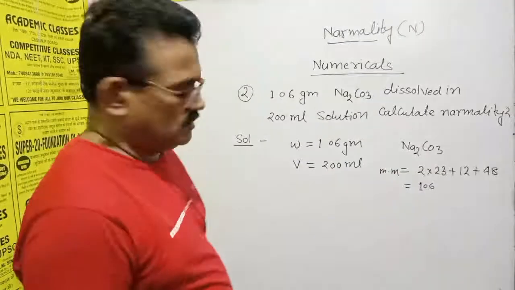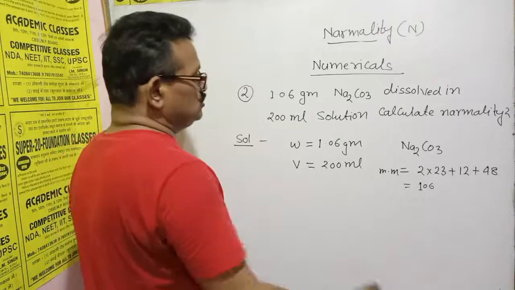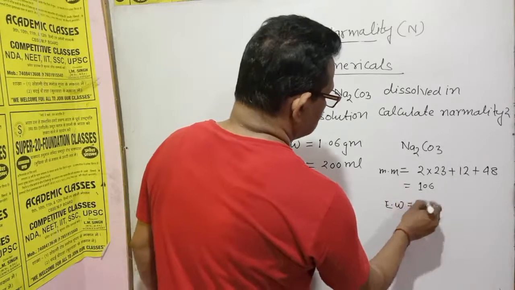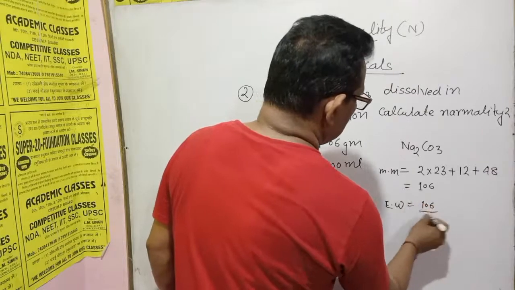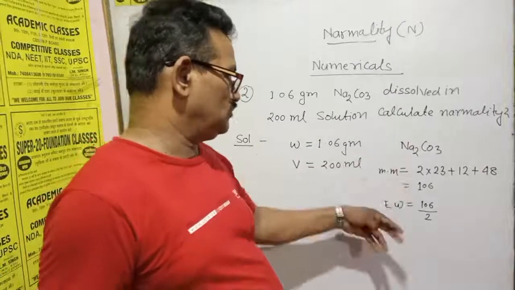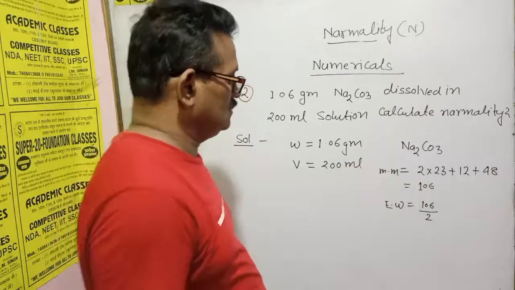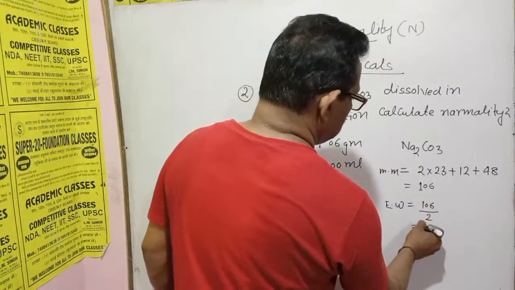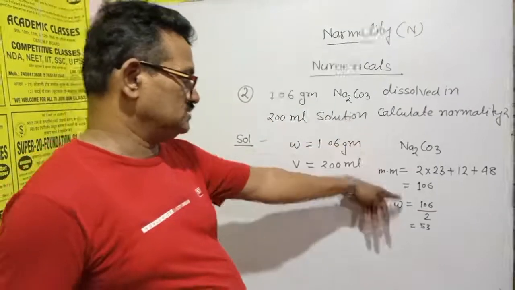Then you calculate the equivalent weight: 106 upon 2, because the valency of sodium is 1 but 2 sodium are present in sodium carbonate, so 106 upon 2 means 53. Equivalent weight of sodium carbonate is 53.